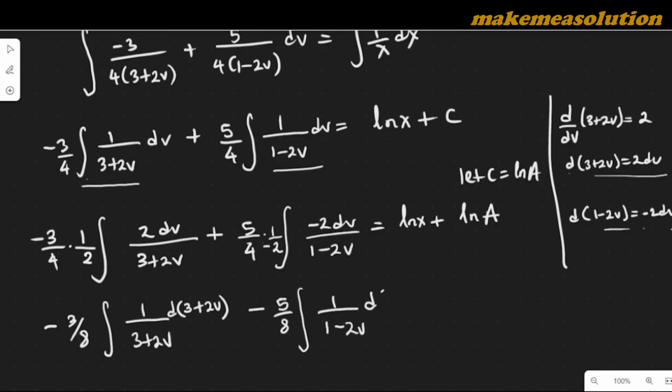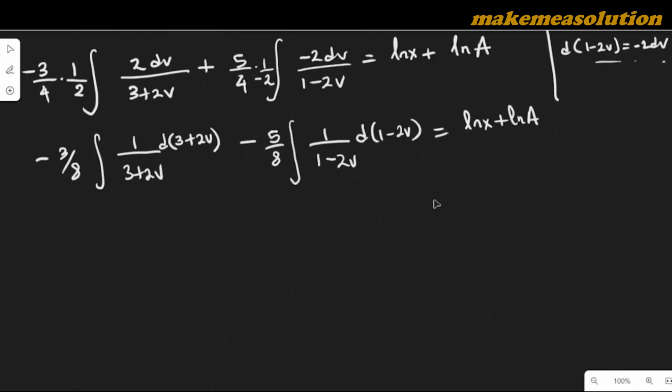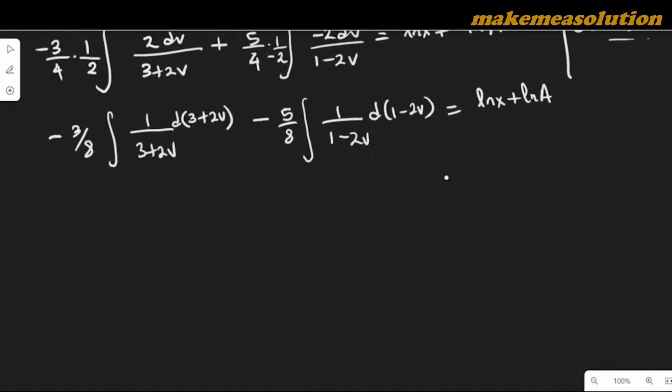Then this minus 2 dv is now d of 1 minus 2v. Okay, so this is equal to ln x plus ln A. So let me leave the right hand side like that. I'm not going to apply the law of logarithm yet.